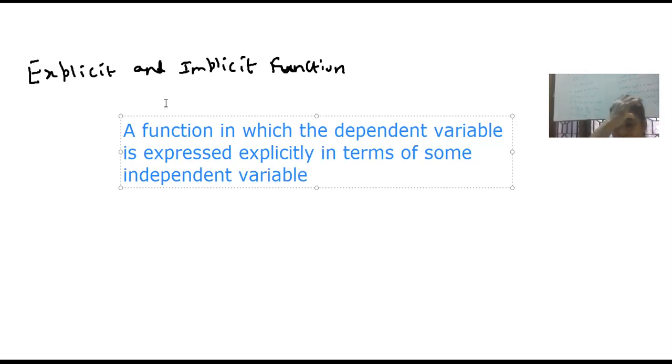It is known as an explicit function. Okay? Did you understand? Okay.